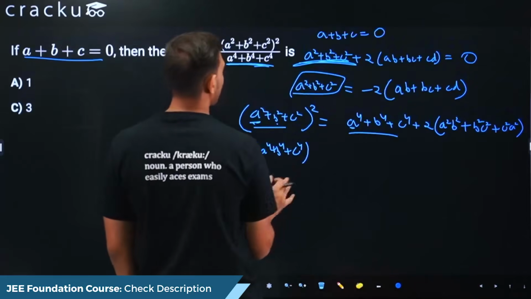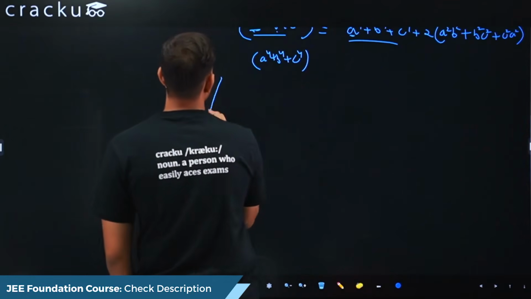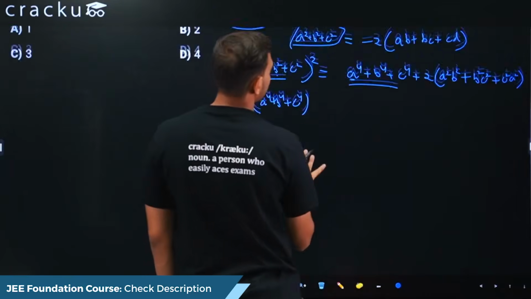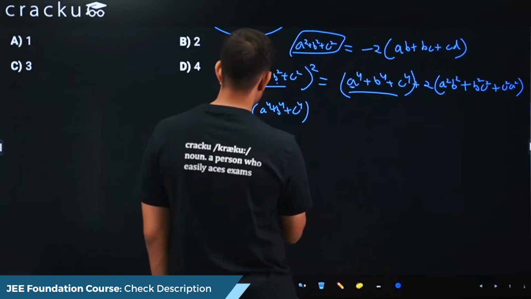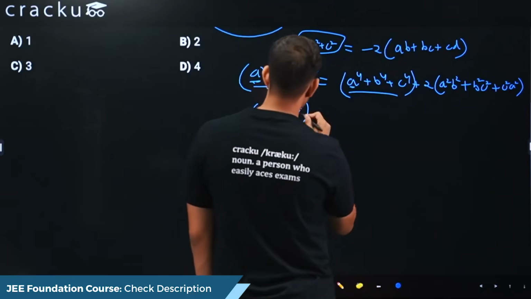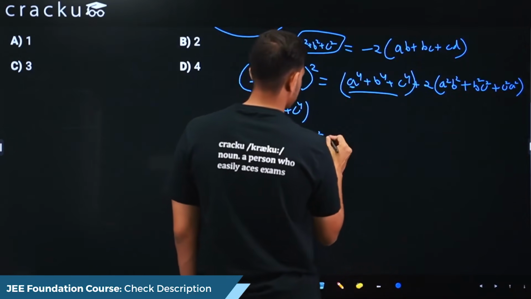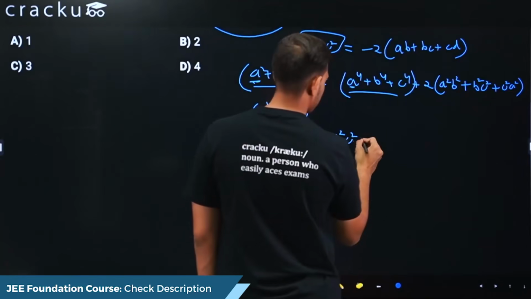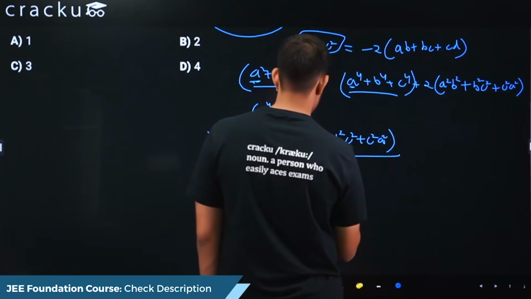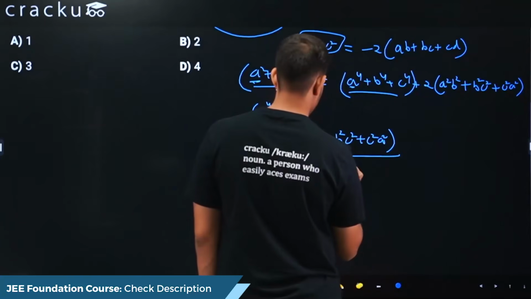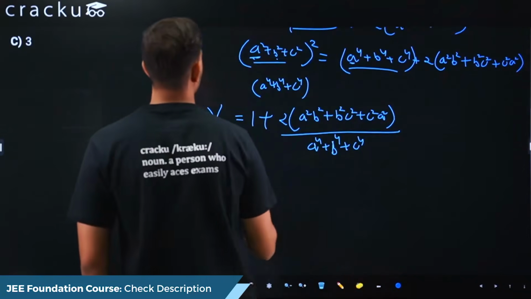If I divide LHS with this, I get this expression. Let us say the expression is x equals, if I divide the right hand side, this divided by this is 1, plus this divided by this, twice of (a square b square plus b square c square plus c square a square) divided by (a4 plus b4 plus c4). Okay. So this will be the value of our expression.